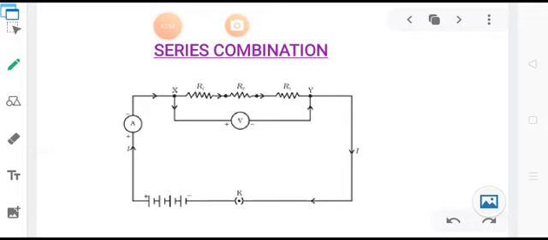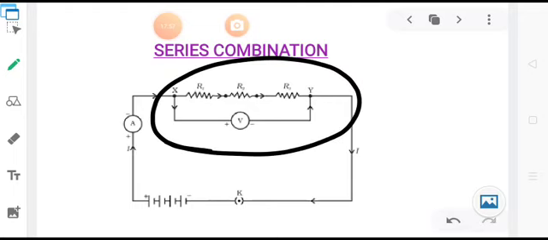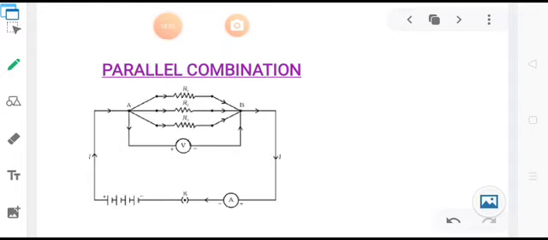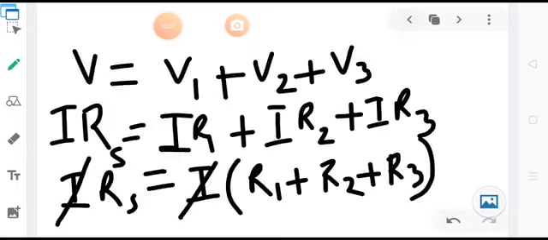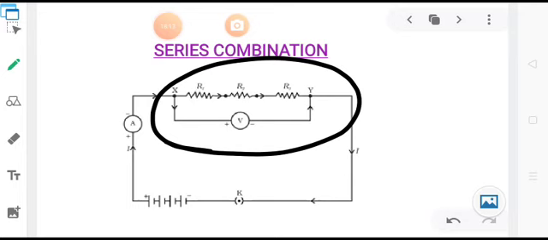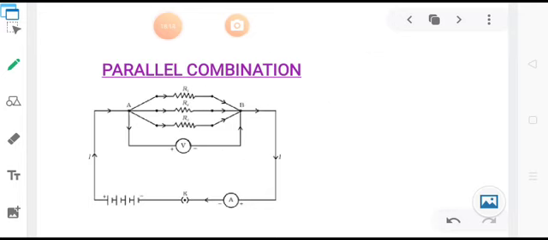Now tell me, see how the resistances have been joined in this particular part. This is a series combination. Now compare it with the parallel combination. Can you sense the difference?